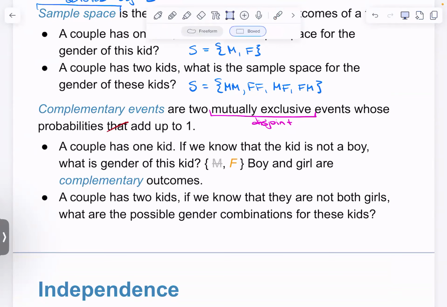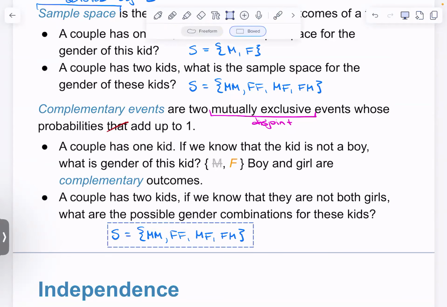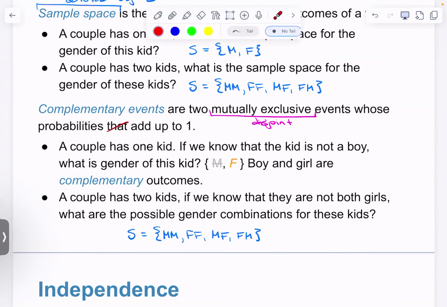Whereas if we have 2 kids, think about our sample space. If we know that they're not both girls, so we know that they're not both females, what are the possible gender combinations for these kids?